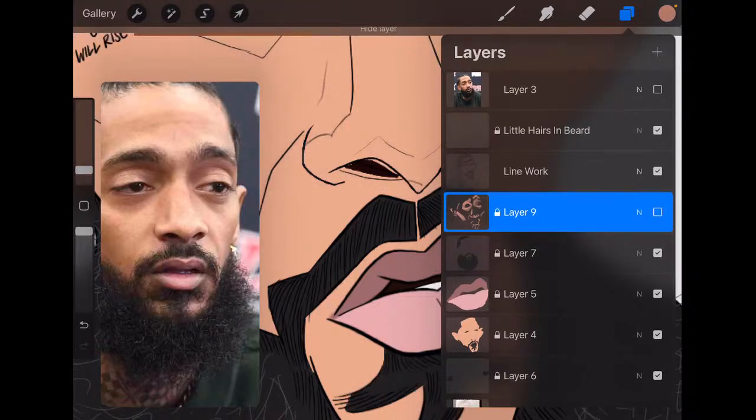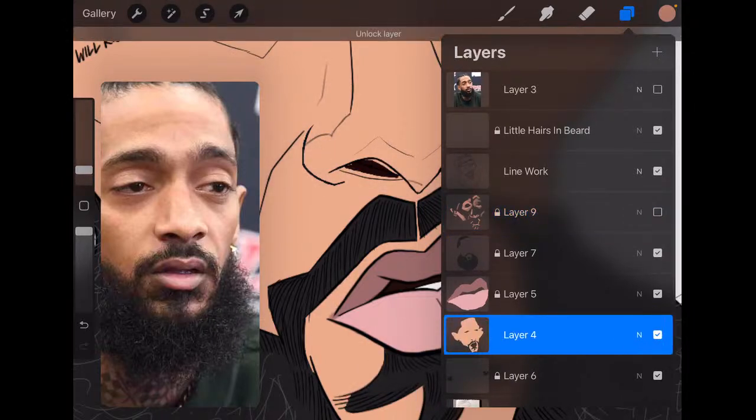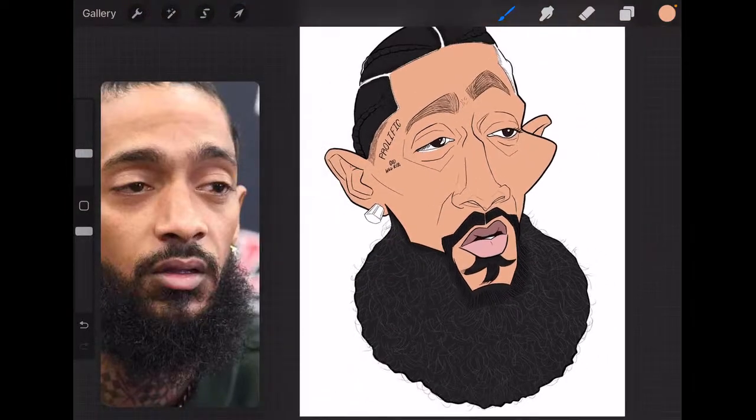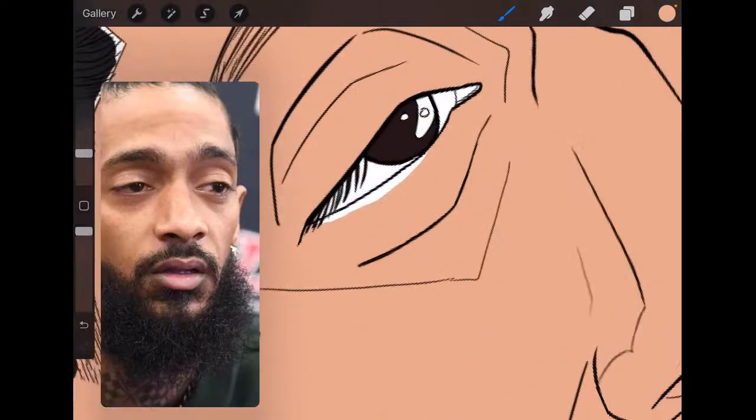Let's start with the base. I'm going to unlock the base. And we're going to repaint. We're going to do like that. Oh, and I got to do it up here.